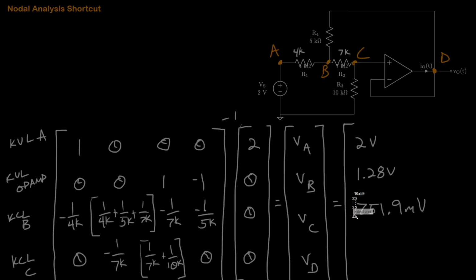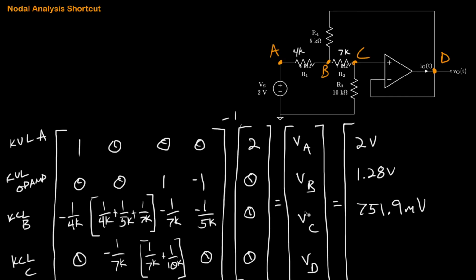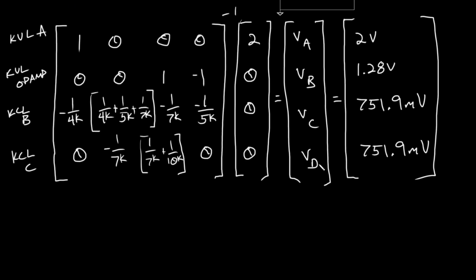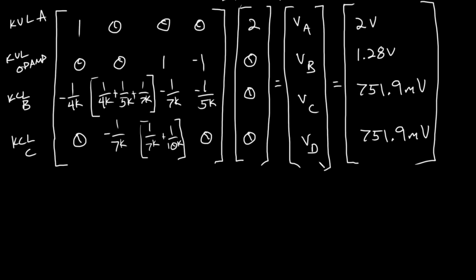And I get that for both of the nodes connected to the op amp inputs. Okay, so I'm feeling pretty confident about that, just because I think I worked this one yesterday for you. And those numbers feel familiar. Maybe they feel familiar to you.